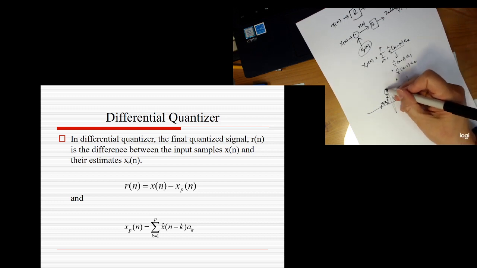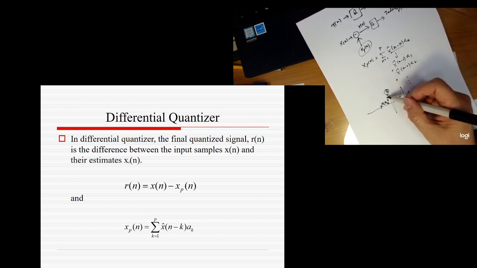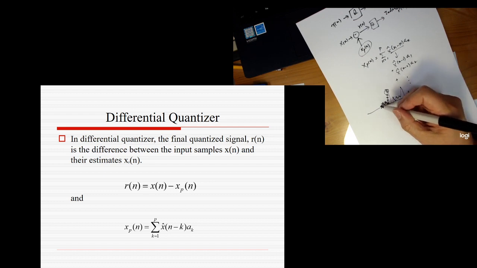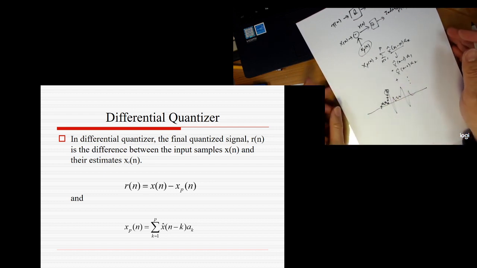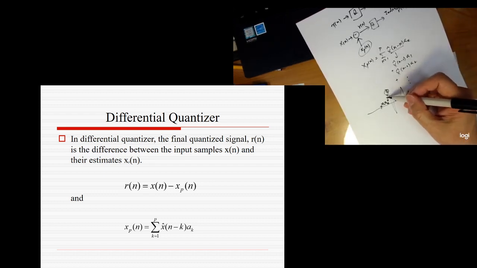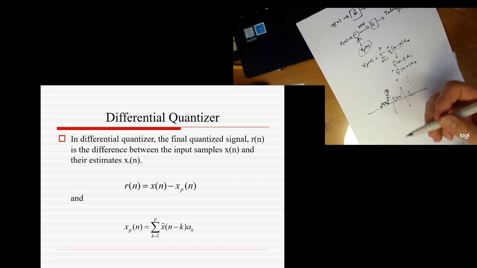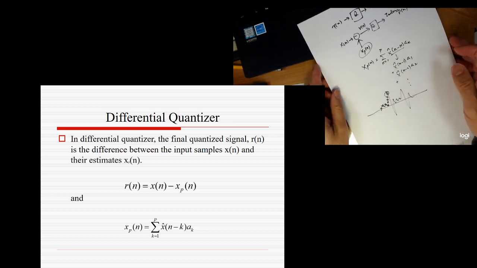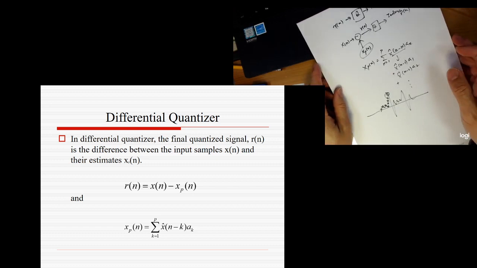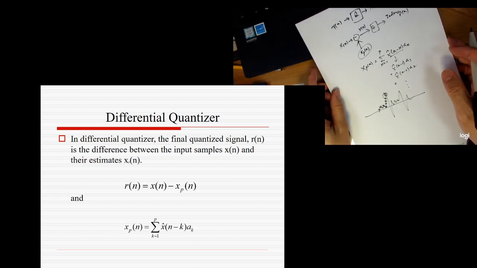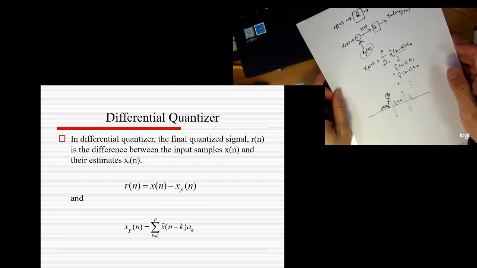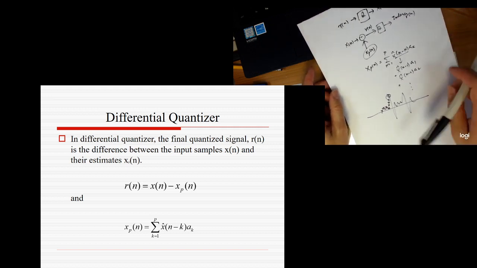However, the previous samples we use are not the original data but the decoded data, because we use backward adaptive, not forward adaptive. Backward adaptive is based on the decoding signal to do the estimation.